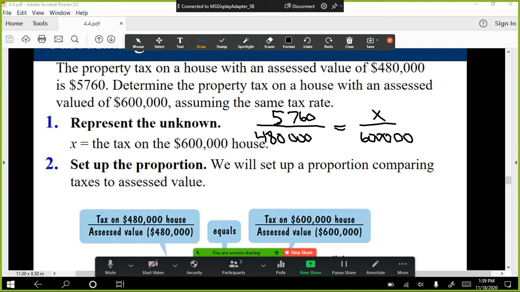So I'm going to have 600,000 times 5,760. It's going to be a big number. That is 3, 4, 5, 6 with 1, 2, 3, 4, 5, 6 zeros.